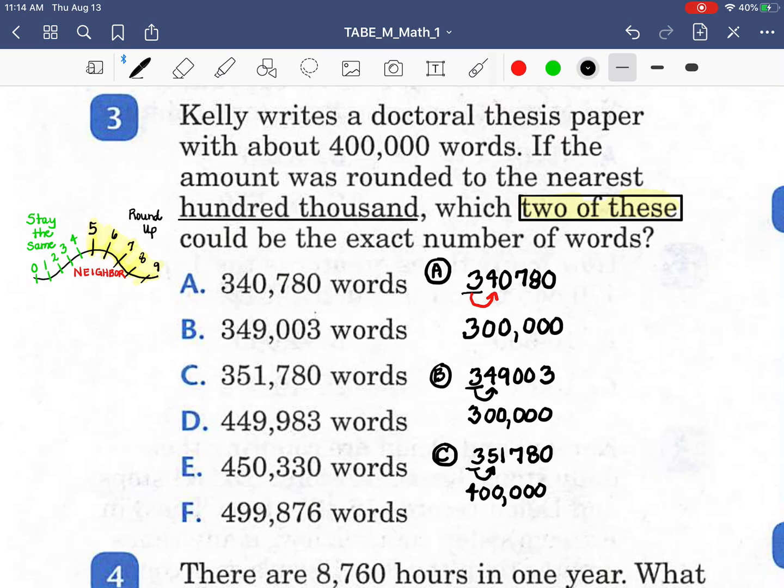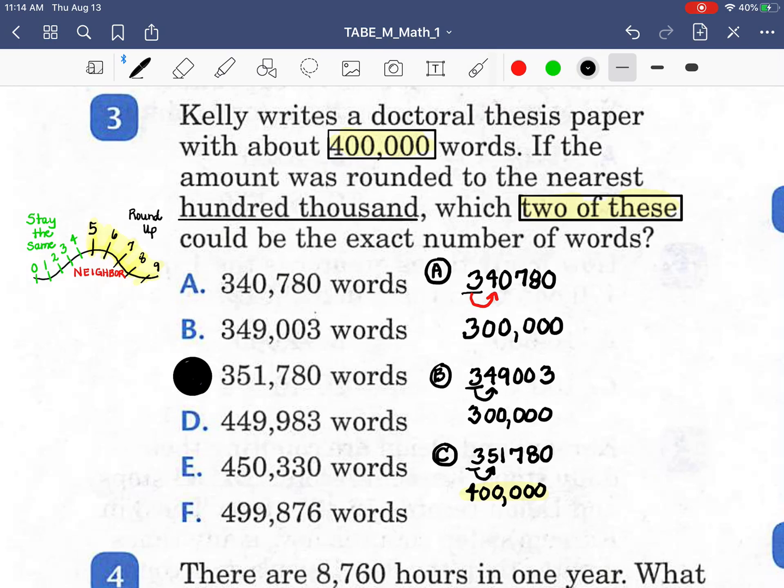So C is one of them. C matches up to this 400,000. So we can go ahead and say yes, C is one of the choices. But remember, we have to find 2 of them. We're halfway there.